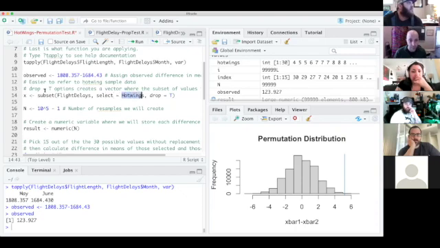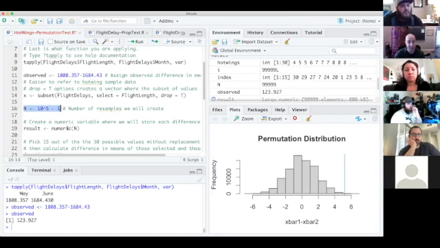The variable that we want to select is flight length. And we want to create a vector as opposed to a data frame. So that's why we have that drop equals true thing there. So this is just going to pull off a column vector of 4,000 some odd values that are the flight length of each of those flights in that data set.